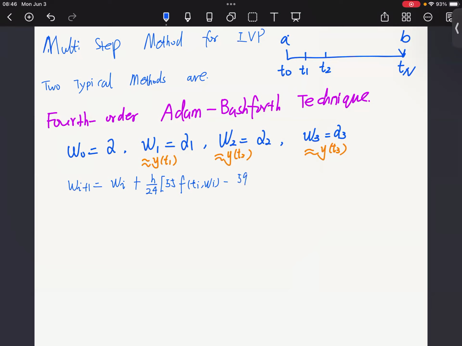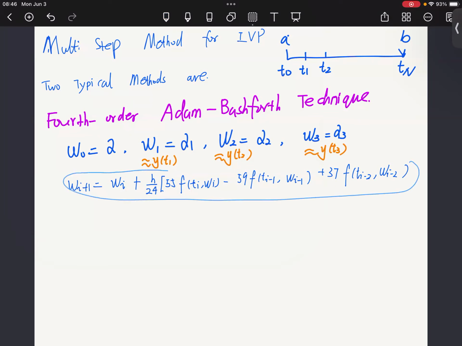But the next item, you will see we are using more prior information. You will see W(i-1) here, plus 37, and then f(t(i-2), W(i-2)), and I need more space here.